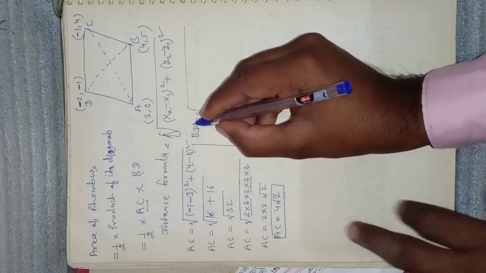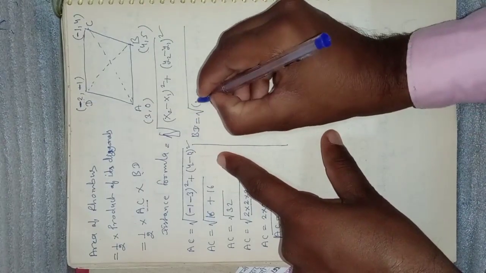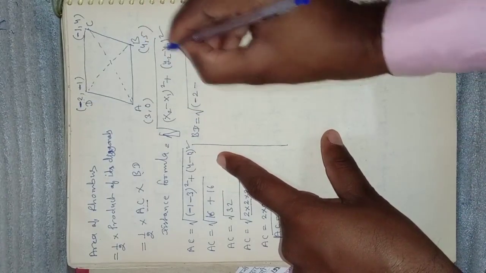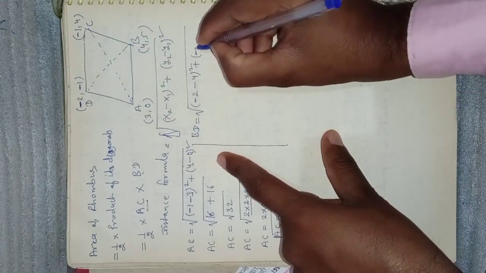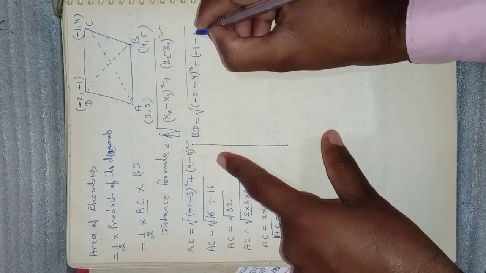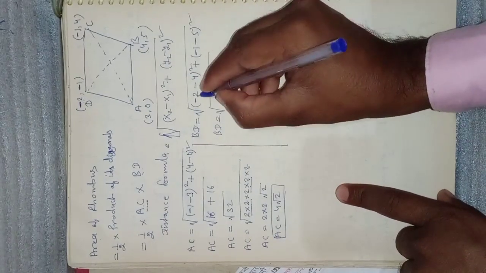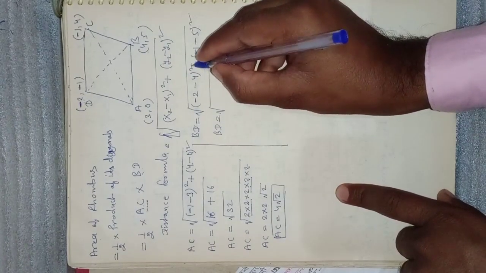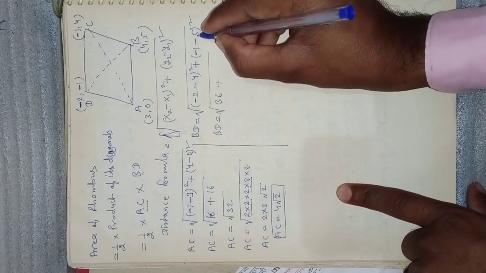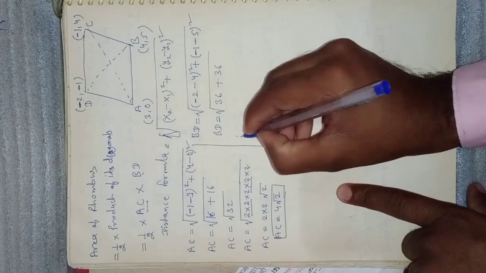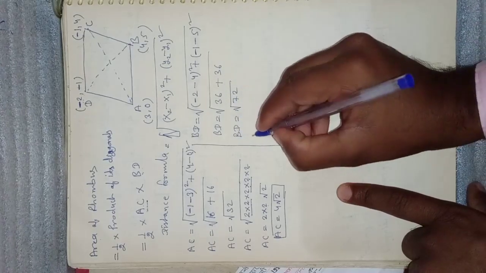Now find out the distance between B and D. x2 minus x1 whole square: D value minus 2 minus B value 4, whole square, plus D value minus 1 minus B value 5, whole square. So BD is equal to root of minus 2 minus 4, which is minus 6, whole square, 36, plus minus 1 minus 5, which is minus 6, whole square, 36. BD is root 72, since 36 plus 36 is 72.